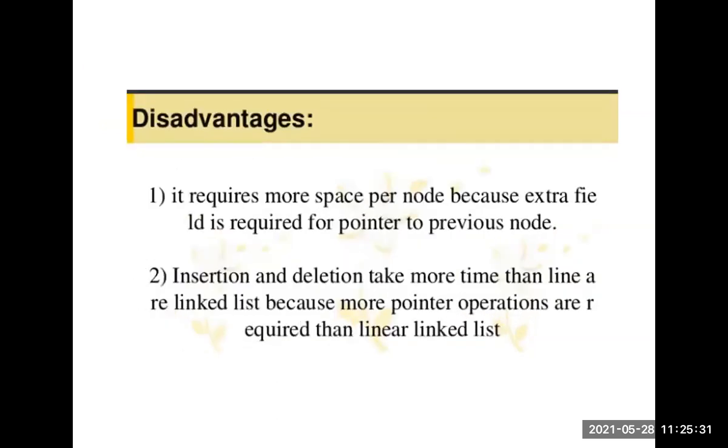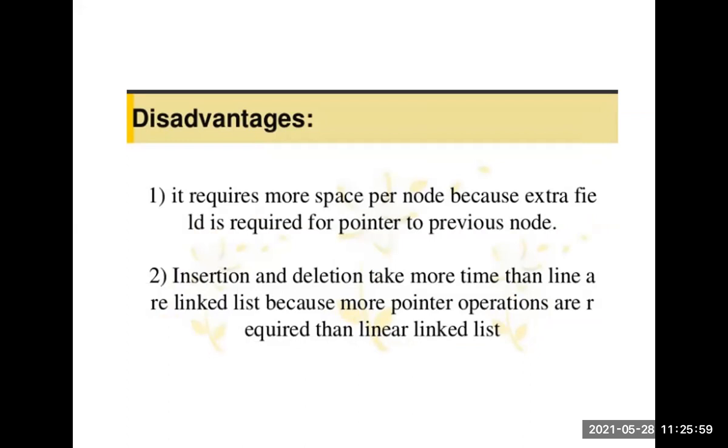So what are the disadvantages of a double linked list? It contains two link fields, which means it requires more space. Insertion and deletion take more time than in a single linked list, because more pointer operations are required.